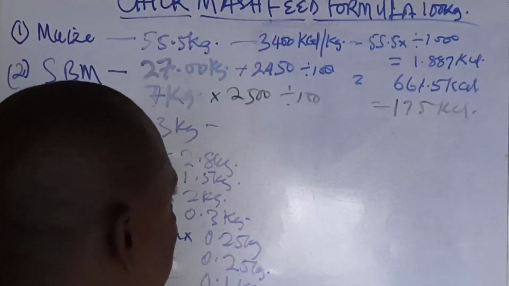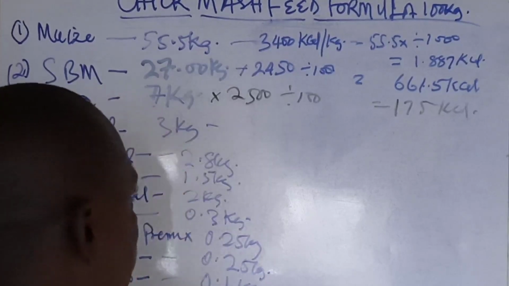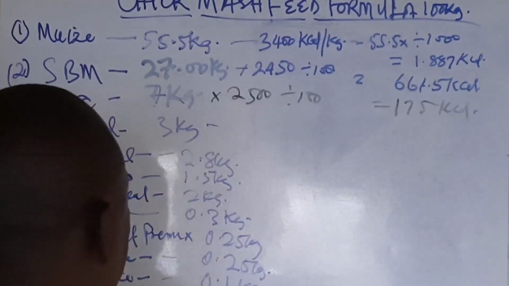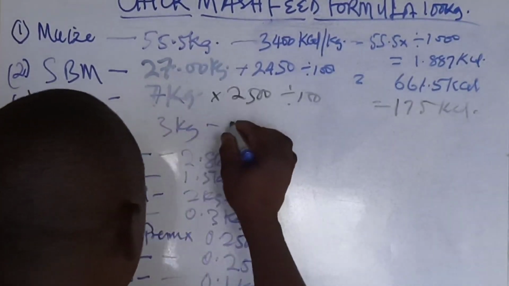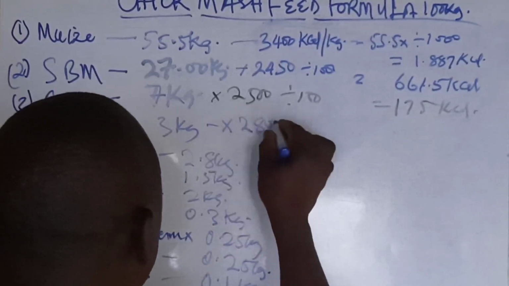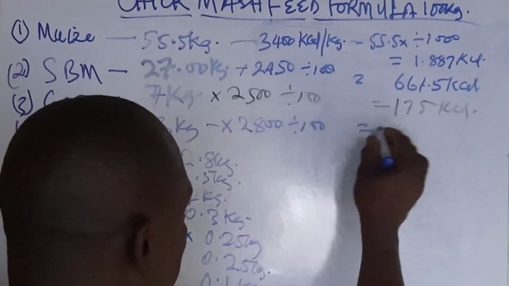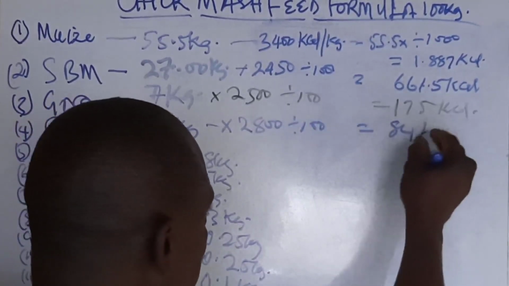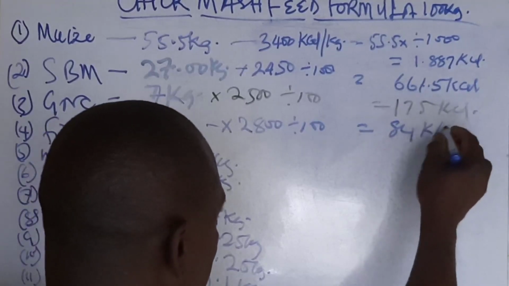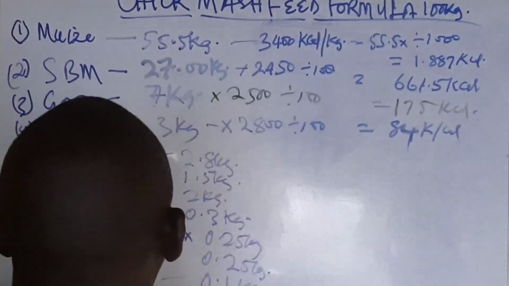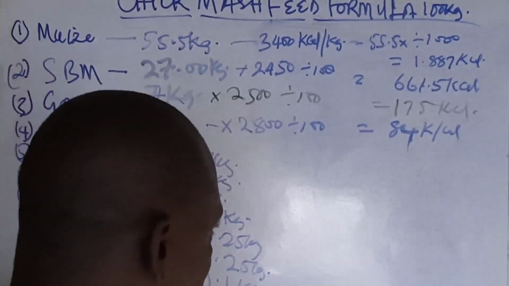What is the energy content of fish meal? Fish meal is 2,800. This will give us 3 times 2,800 divided by 100. This will give us 84. Now what of wheat offal?